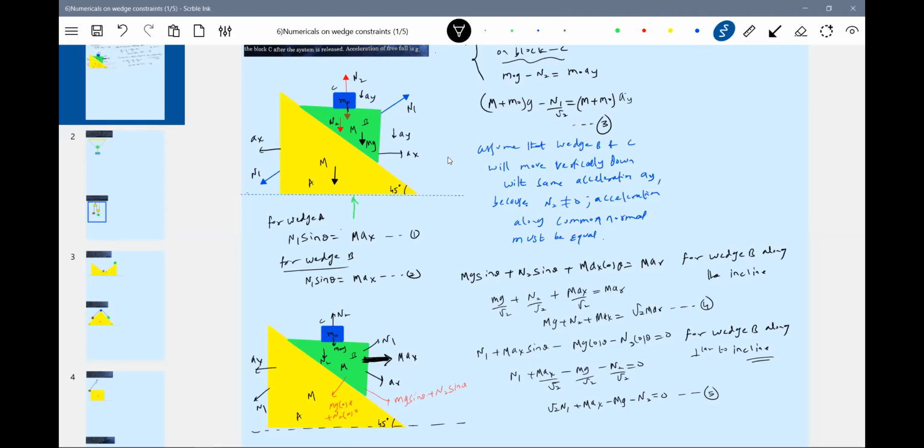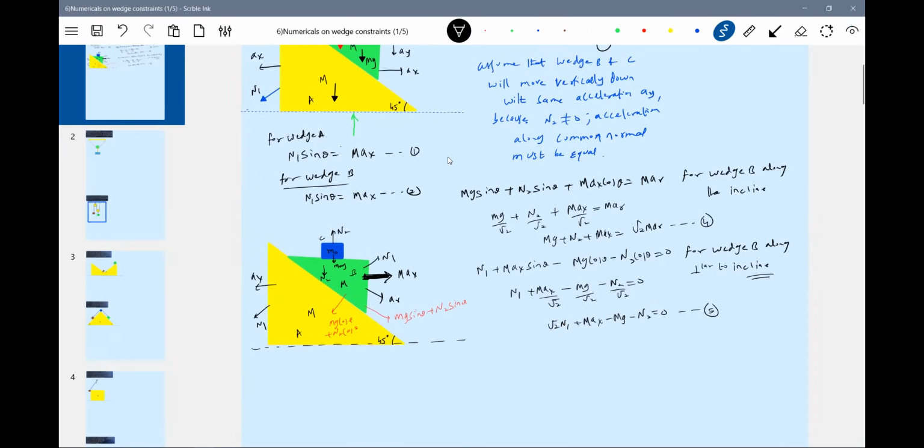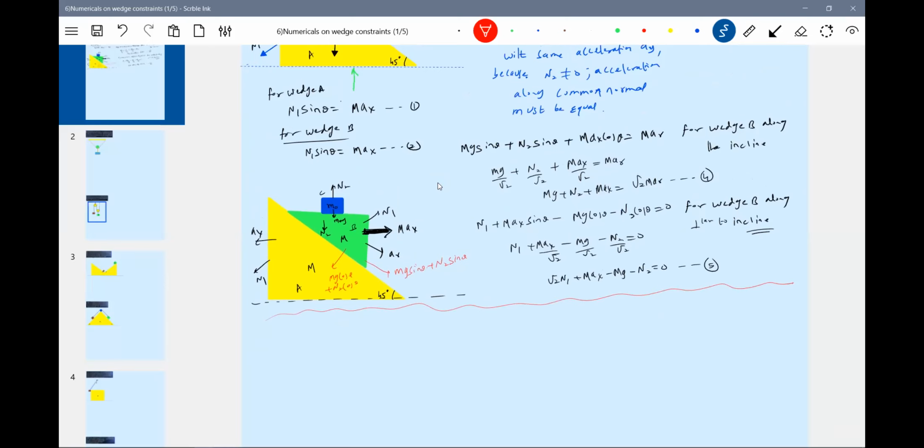Root 2 N1. What is N1 equal to? MAX by root 2. Shall we put this equation here? N1 equals how much? Root 2 MAX. Already root 2 is there, root 2 into root 2 will substitute. After this, it's pure simplification. Now put 1 in 2.